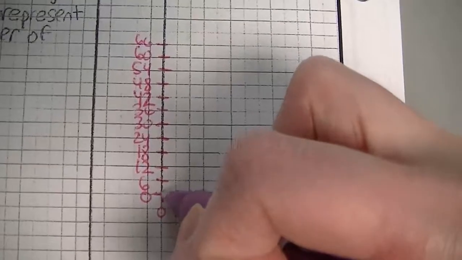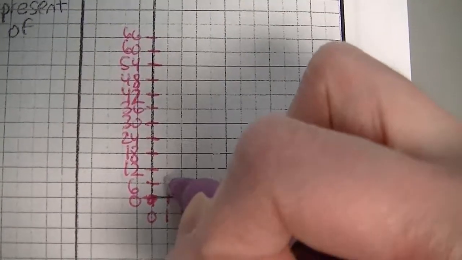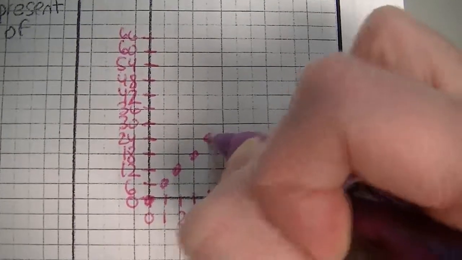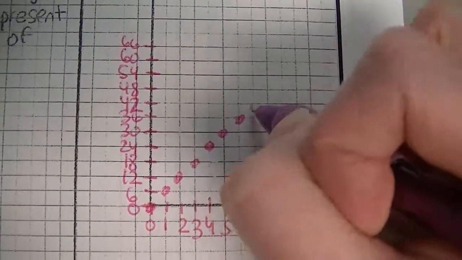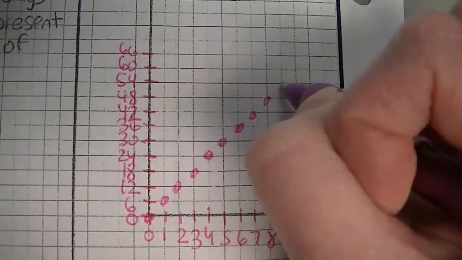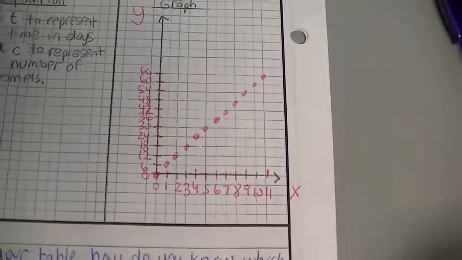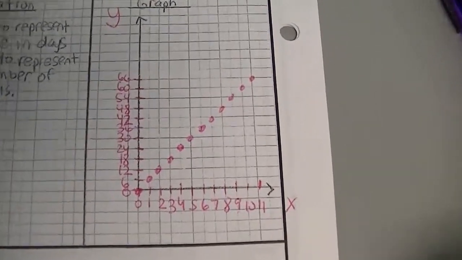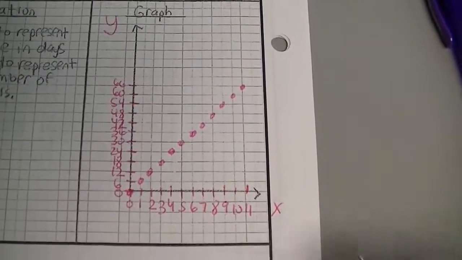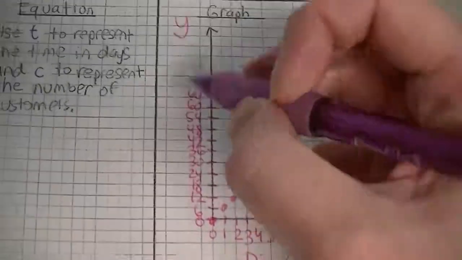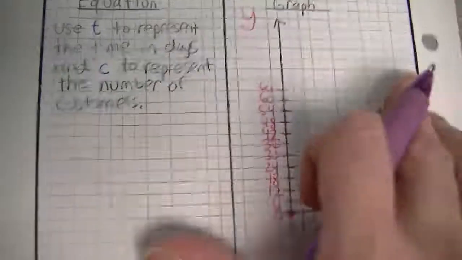So (0, 0), (1, 6), (2, 12). And you'll notice that I stopped really paying attention because I know the pattern right here. Okay? And let's see. I didn't label anything. This right here is days. And Y would represent the number of customers.